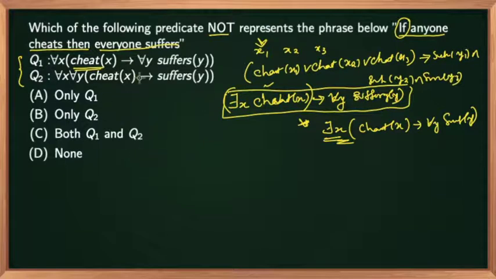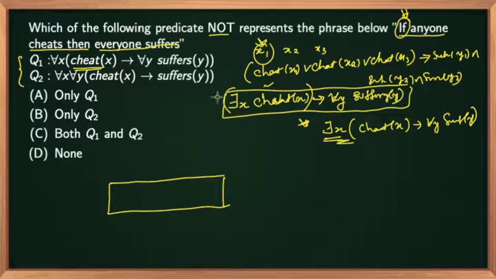Now let's see the predicate Q1 and Q2. So let's assume you have a predicate. Now you take one value and you see this predicate should evaluate to true, checking this statement, right?